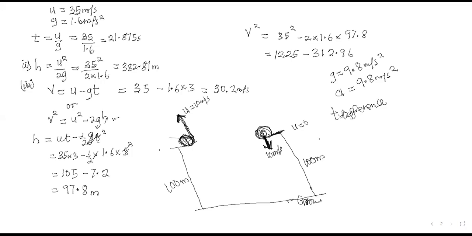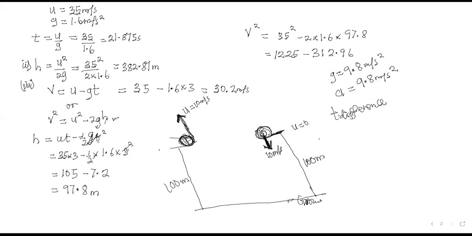So we are calculating the total time taken for P to move from here with a velocity of 10 meters per second, and then come here.